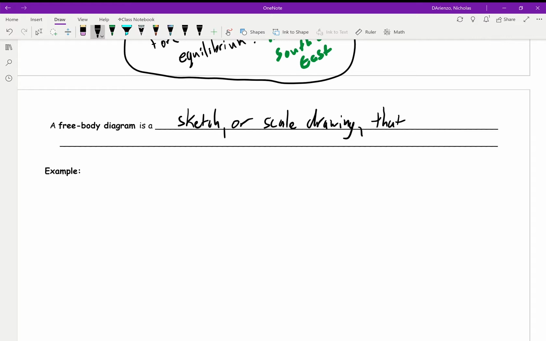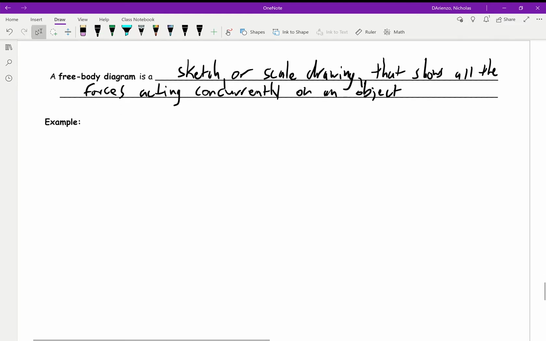And it's going to show us all the forces that are acting concurrently on an object. This will allow us to evaluate and determine net force, make sure we're considering all forces acting on an object. Gives us a nice visual representation of what's happening here.